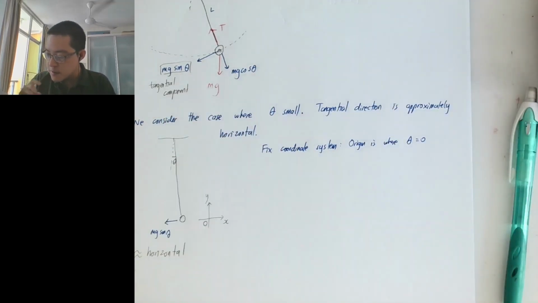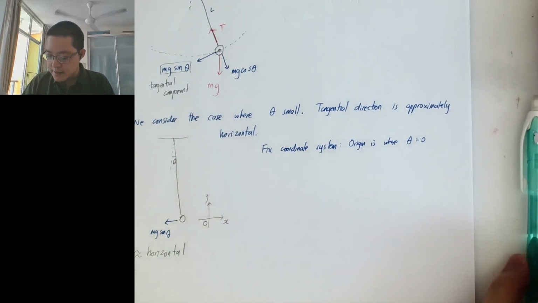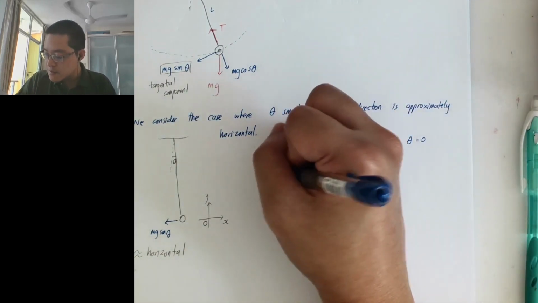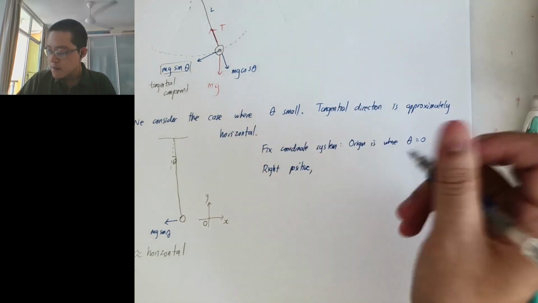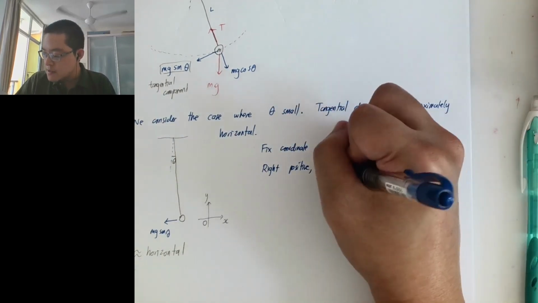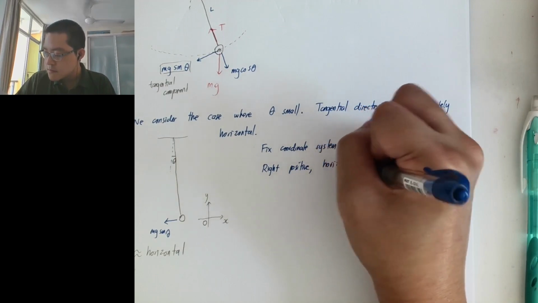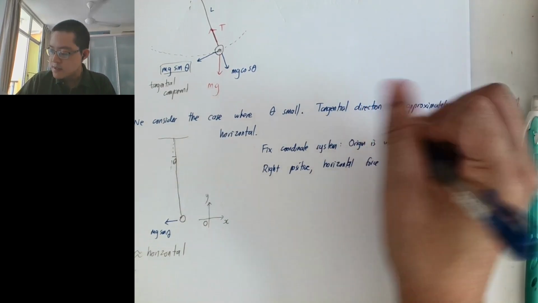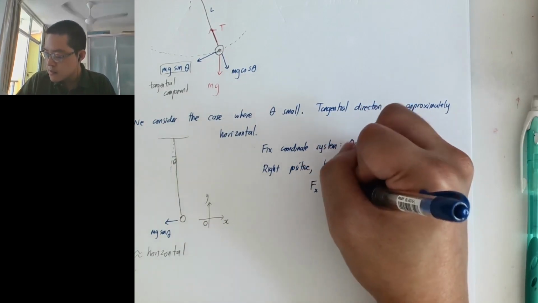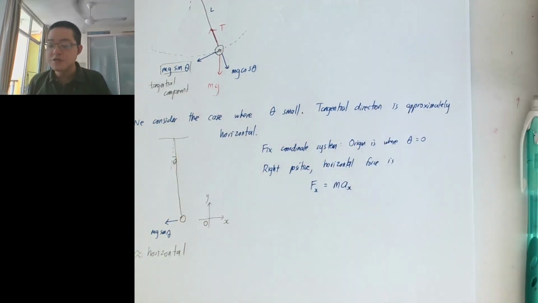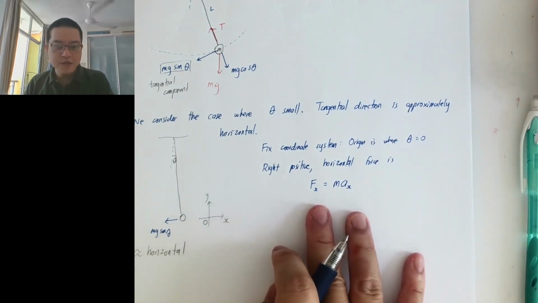I choose this as my origin, and I take right as positive. Then the horizontal force, Fx, is equal to ma in the x direction. So we got this situation now.